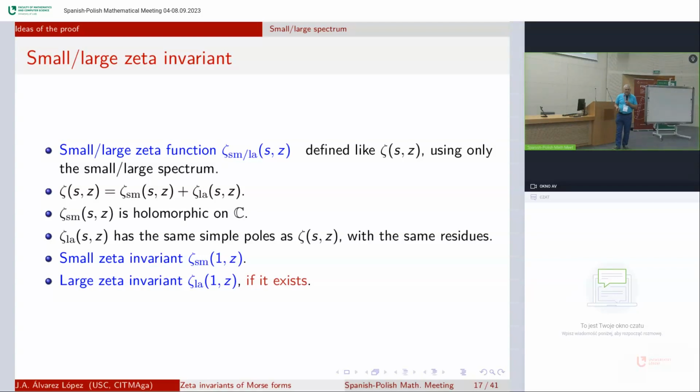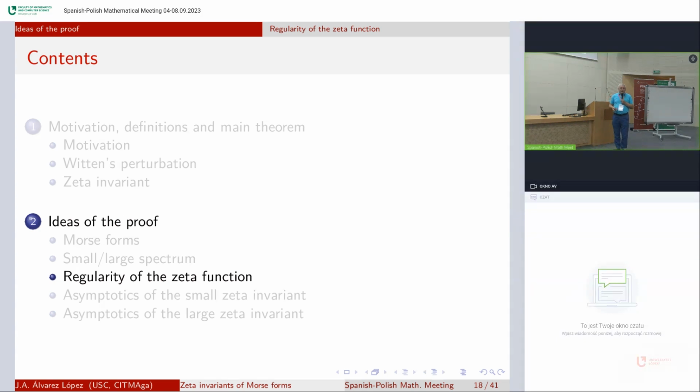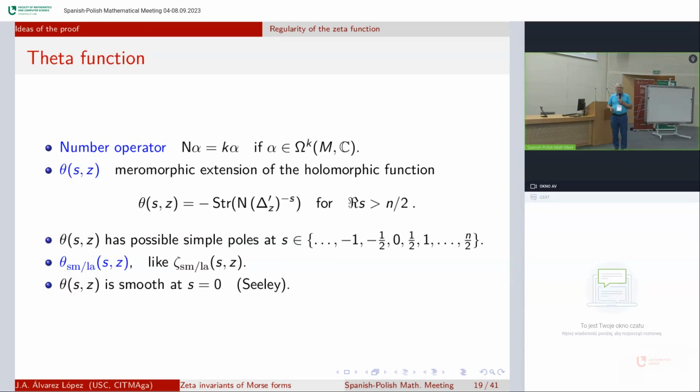So let me talk about the regularity of the theta function. Now consider the number operator. This is the operator of multiplication by the degree for every form of that degree. And there is what is called the theta function, now depending on the parameter c and a complex number s, which is the meromorphic extension of this holomorphic function, defined as above for real s greater than half of the dimension, but changing the expression by using the number operator.